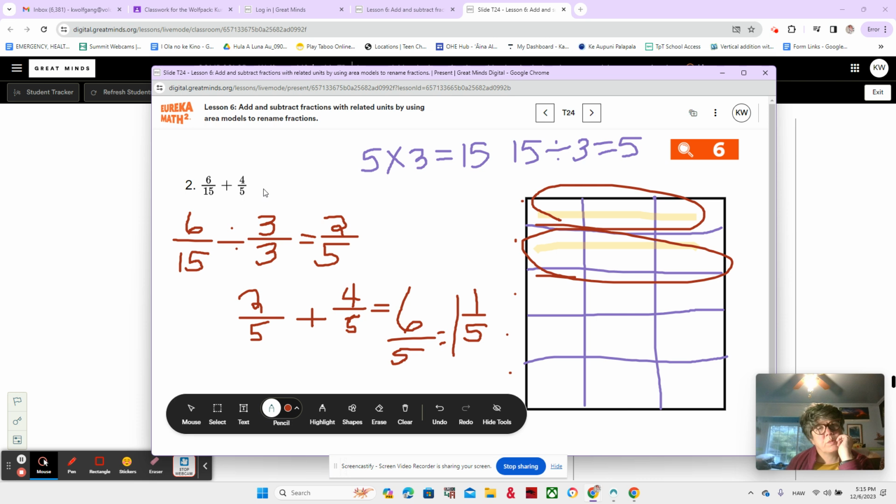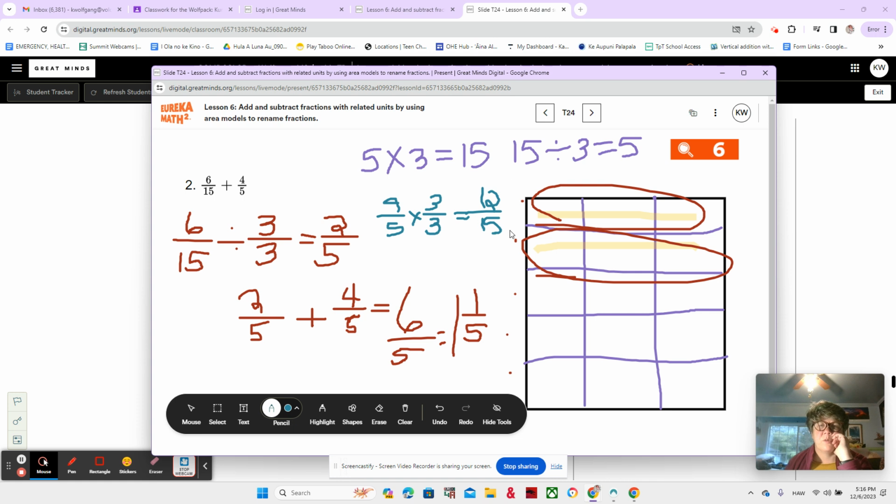Now let's just look at this one more time. What if I wanted to go from my 4/5 to 15ths, and I wanted to change everything to 15ths? Let's get a different color. Could I have done 4/5 times 3, because 3 times 5 is 15, and then I would have 12/15. That works out just fine, right?